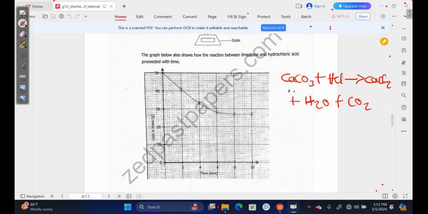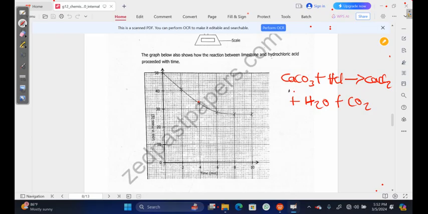The mass initially was 50, and after 2 minutes it's dropping to somewhere around 40, after another 2 minutes to around 33, after 6 minutes to 27, and at 8 minutes it's at 27. Even at 10 minutes it is still at 27.